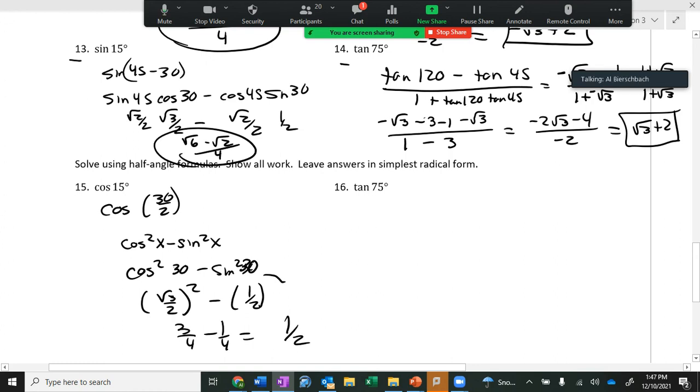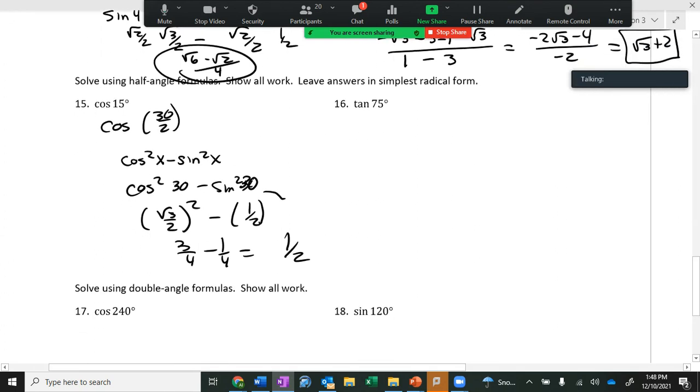That doesn't look right. I wonder if I did something wrong. Cosine of 15 can't be 1/2. Cosine squared of x minus sine squared of x.